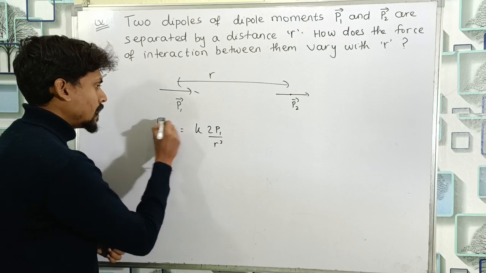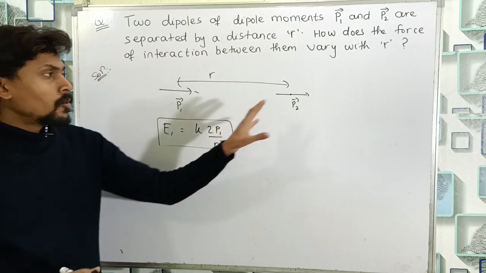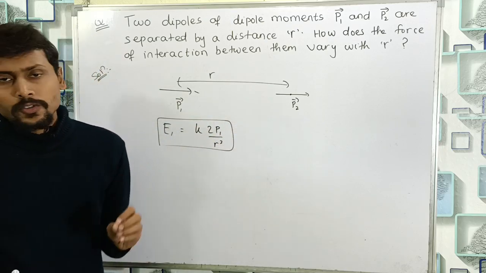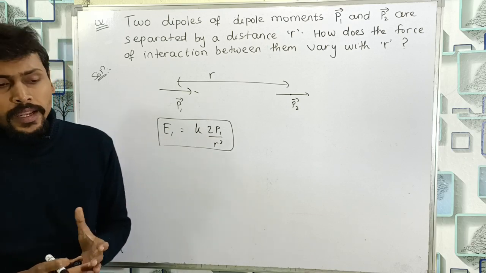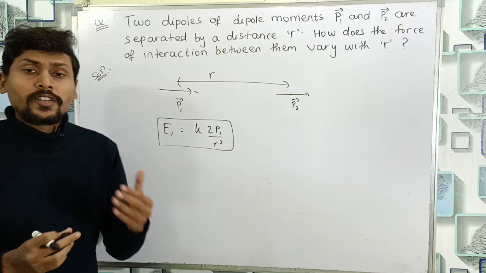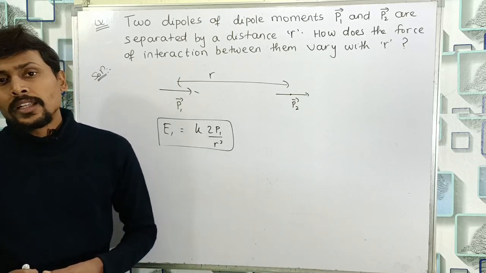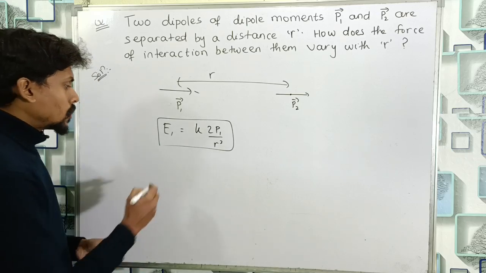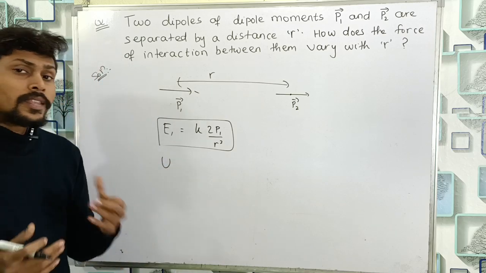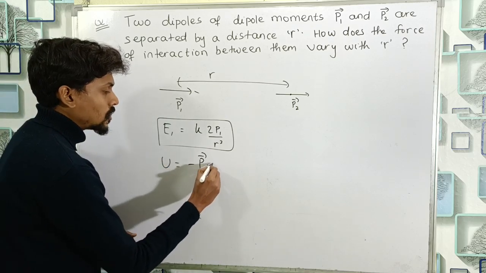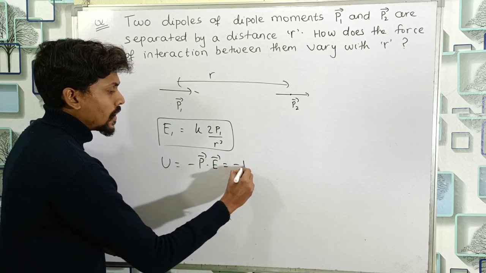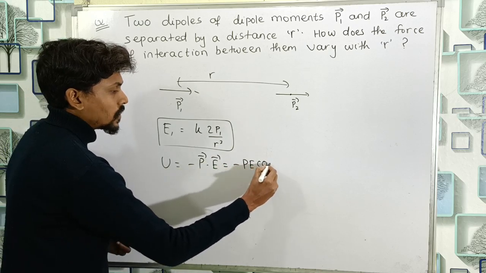Due to this electric field, the dipole will experience a force. Obviously, when a dipole is placed inside an electric field, it has some potential energy, and the potential energy stored in a dipole is given by the formula minus p vector dot E vector, or minus pE cos theta.